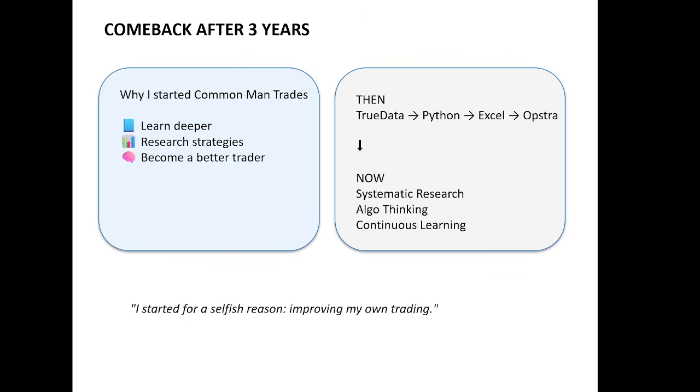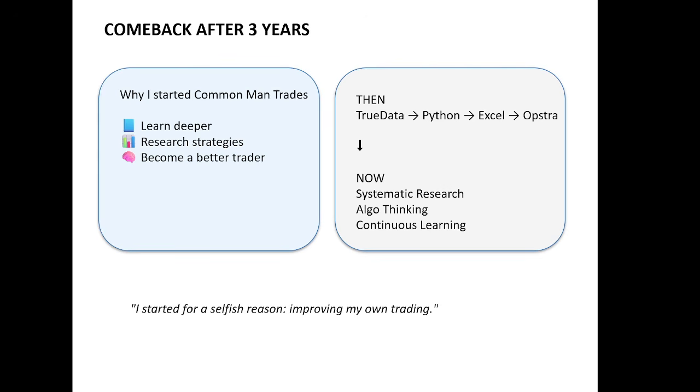And this time I'm thinking of having three objectives on this channel. The first one is, as usual, strategy comparison, like how a strategy has performed over the years and how to set up the strategy. Second is trading psychology, which is more important than the trading itself, because that gives a person an edge on whether he will be a successful trader or not.